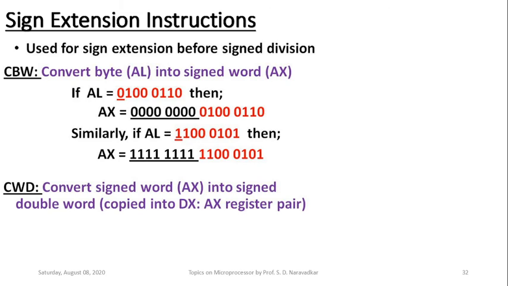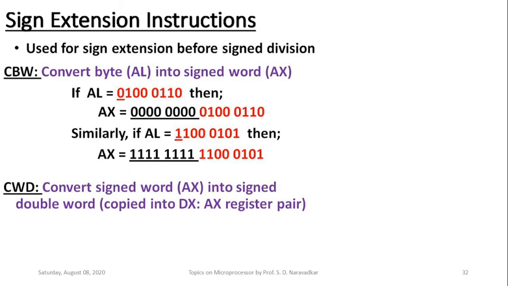The contents of AX are 16 bit, and its MSB, the leftmost bit of AX, will be simply copied into the DX register, and that way we get the 32-bit DX AX register pair contents. The operation is exactly similar to that shown above.